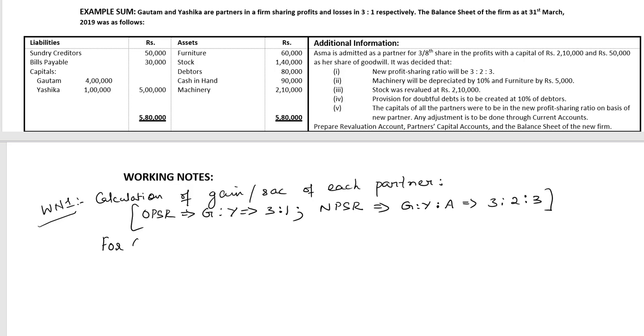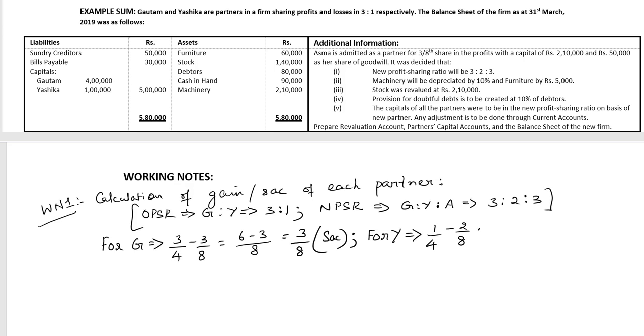For Gautam, let's do old share minus new share. 3/4 is the old share minus 3 divided by 8 is the new share. We get a positive 3 divided by 8. Gautam has sacrificed. For Yashika, old share 1 divided by 4 minus the new share 2 divided by 8 is equal to nil, no gain or sacrifice by Yashika.